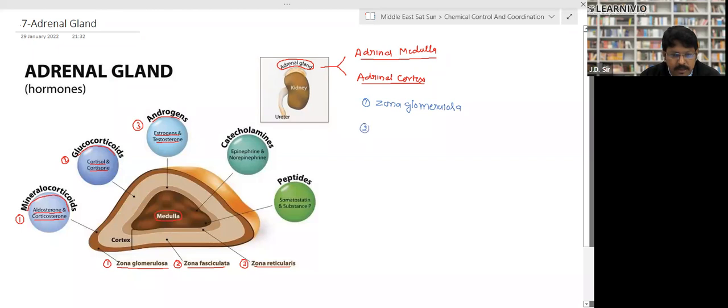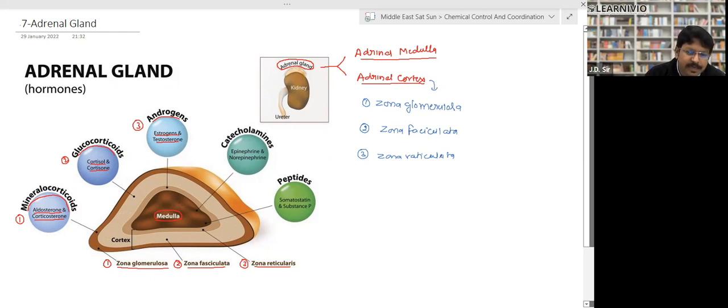Then the second part is zona fasciculata. And the third one is called zona reticulata. These three parts belong to adrenal cortex, and now this middle part is called medulla, right? So that is called adrenal medulla.